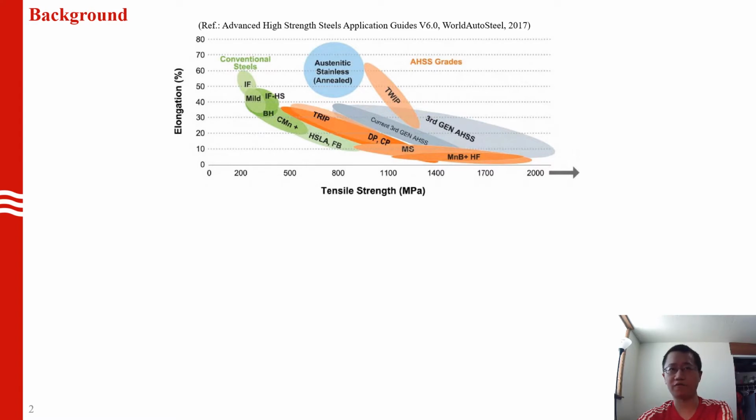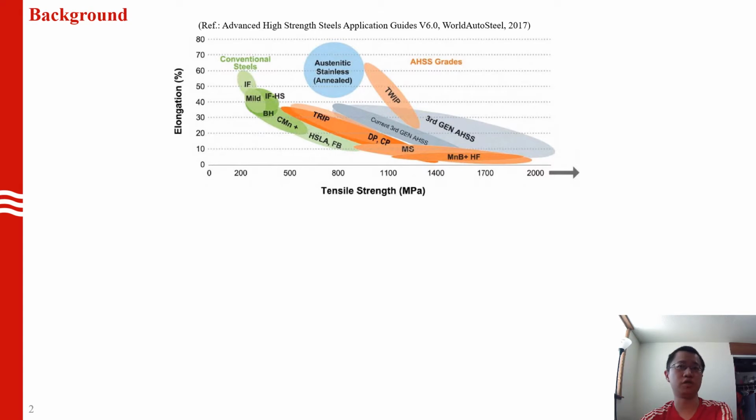And here we have a figure showing the relationship between tensile strength and elongation for both conventional steels and AHSS, where we can see the advancement of AHSS compared with conventional steel.